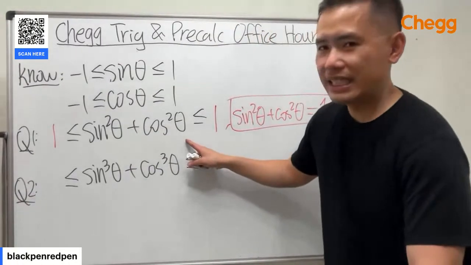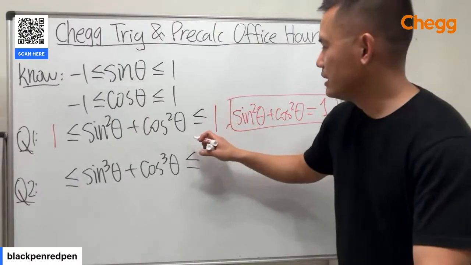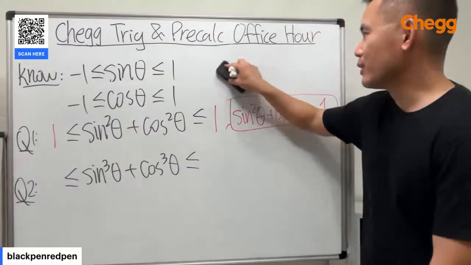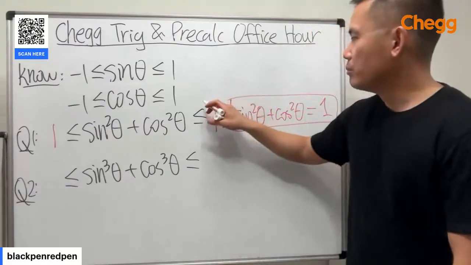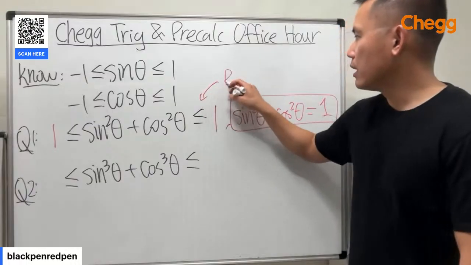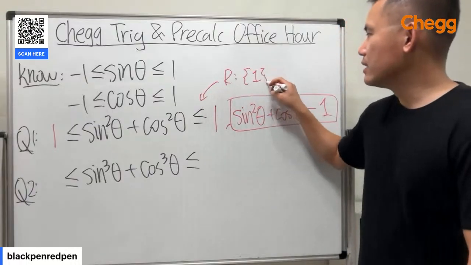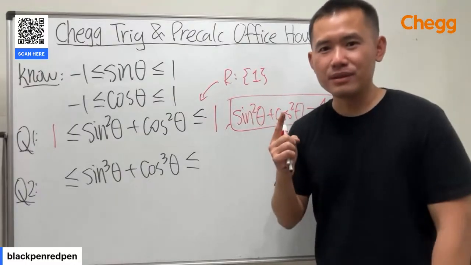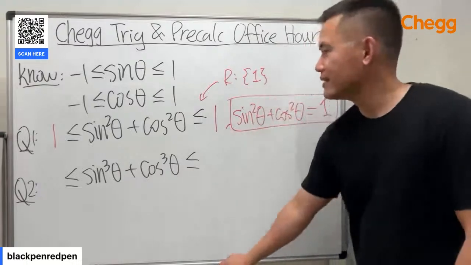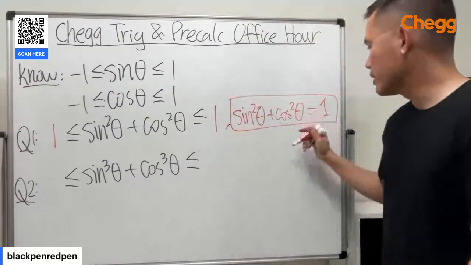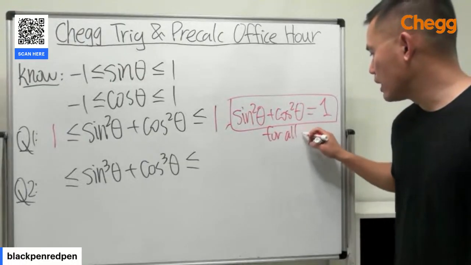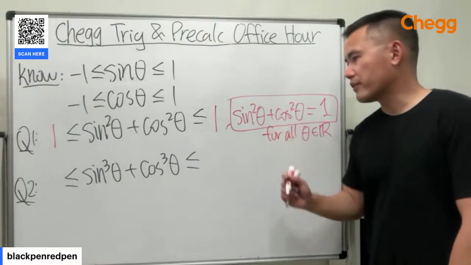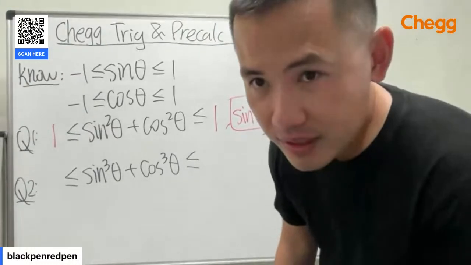If you want to write this in interval notation, if you put this as 1, 1, I don't know what to say about it, because it's just one number. So maybe for the range I will put it's just a set of the number 1. It's not even an interval, it's just a number. It's just 1. So yeah. This right here is true for all theta, but only the real numbers. If you have a complex number for theta, yes, you can get different values.